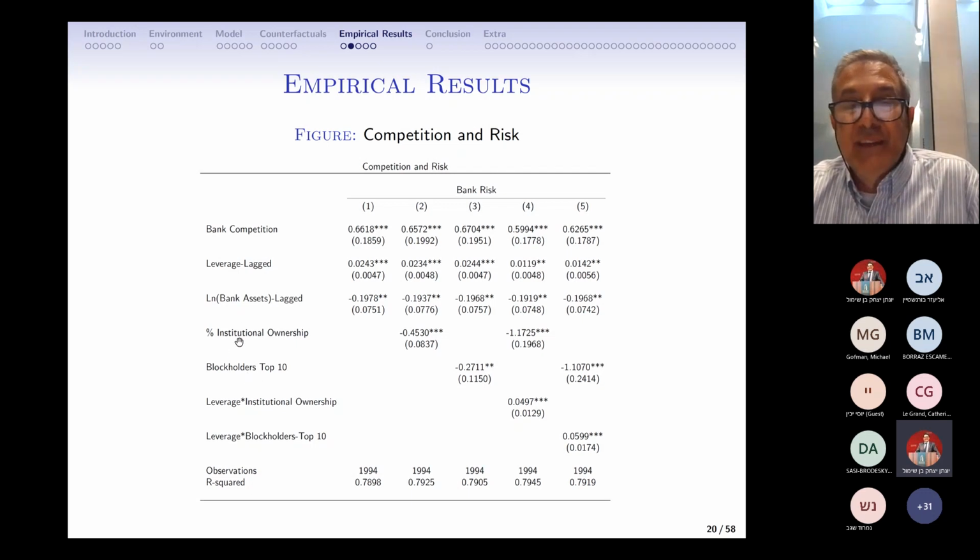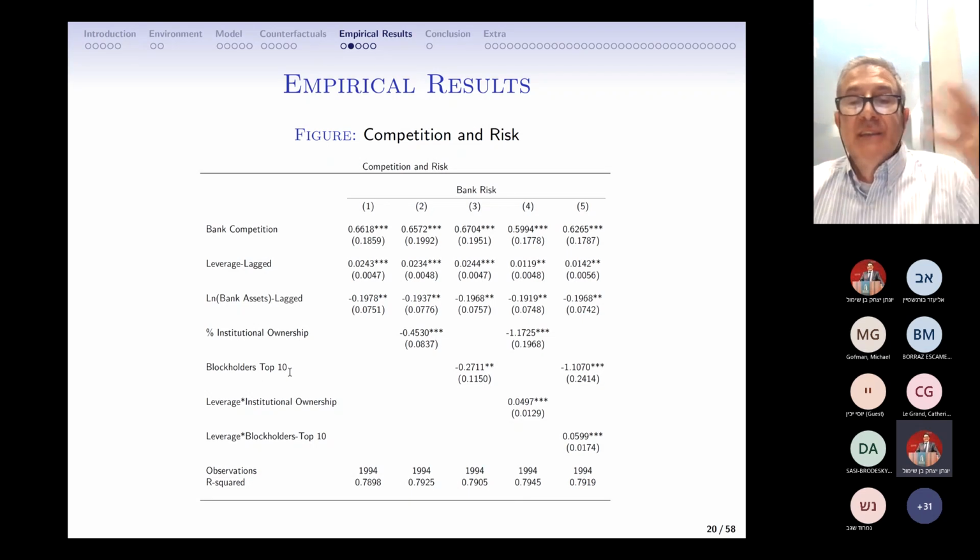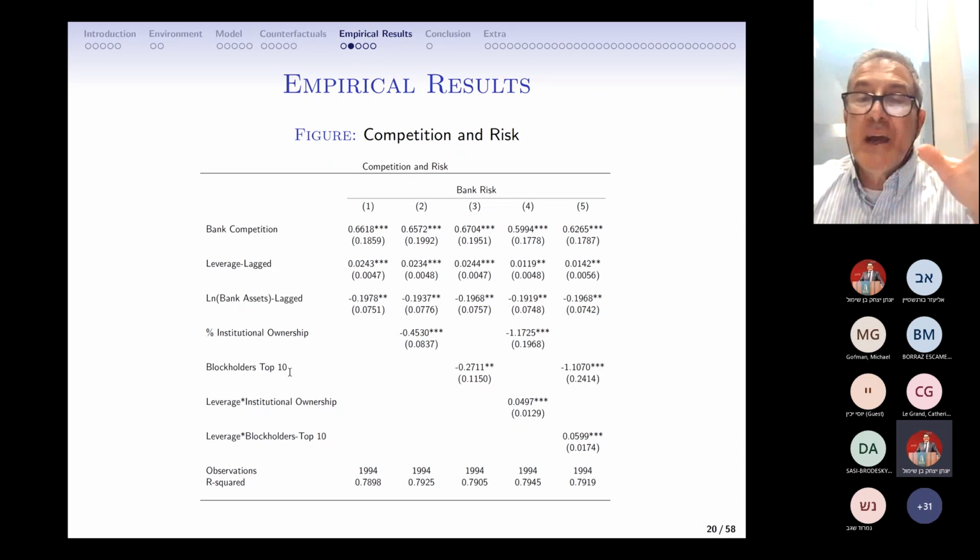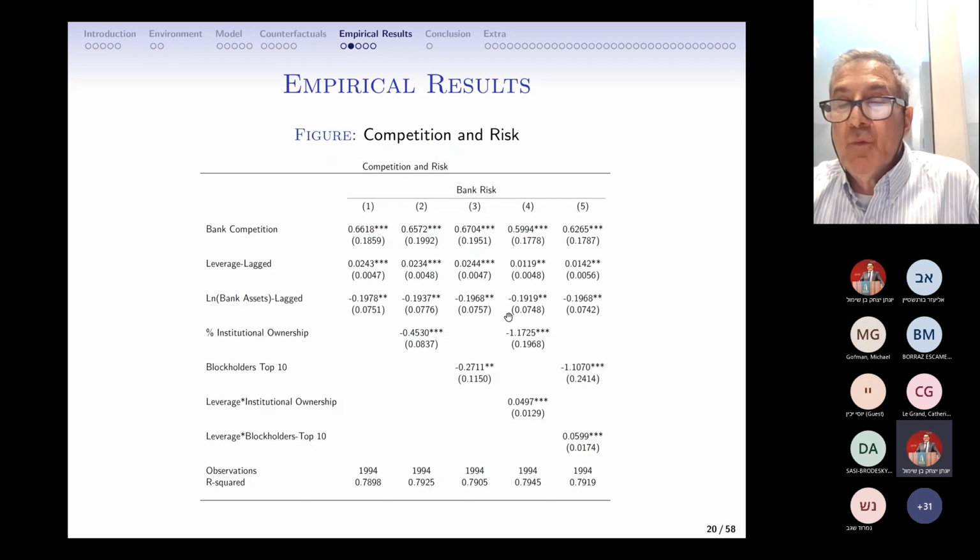Here's the impact of the measure of better corporate governance. He's got ones on institutional ownership and top 10 blockholders. If there are big investors overseeing the governance of banks, they're going to try to be more diligent, and we find that lowers bank risk.